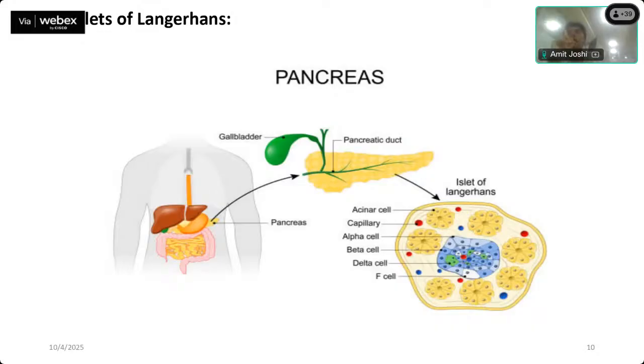The beta cell of the pancreas is responsible for insulin generation. If you enter a diabetic condition, that means your beta cell functionality has been compromised and it is not functioning properly.